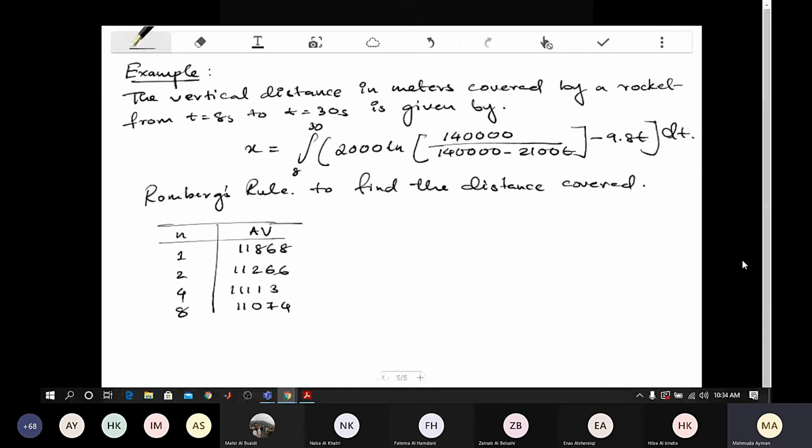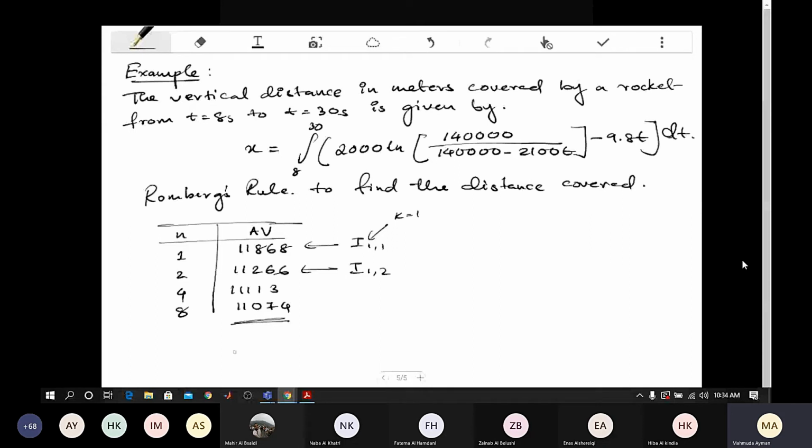Now if you want to write it according to our table here, this one is I1,1, this one is I1,2. For all of them k will be equal to 1, because these are all approximated using the trapezoidal rule.